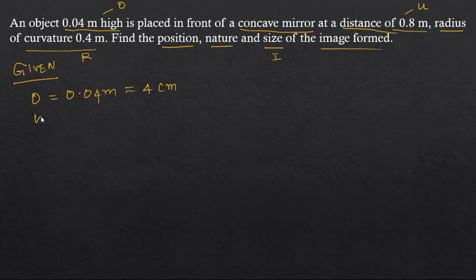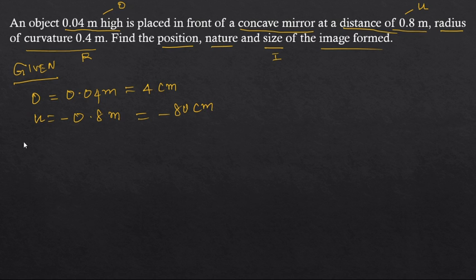So U is equal to 0.8 meter. Since it is an object distance, it should be given in negative sign. So we have to insert here a negative sign, minus 0.8 according to Cartesian sign convention. So it means minus 80 centimeter.